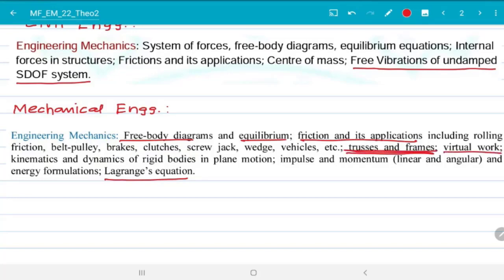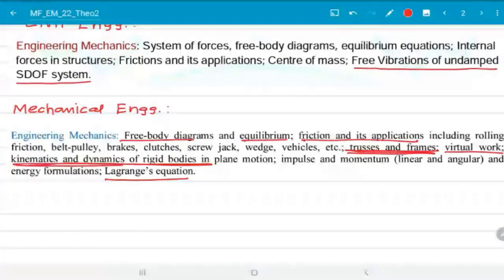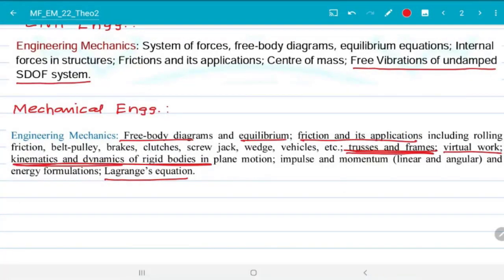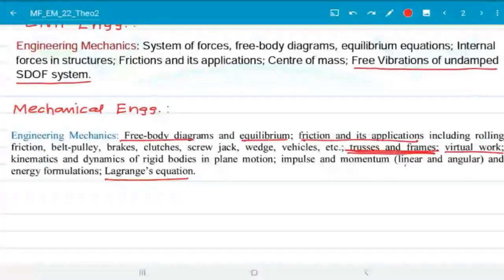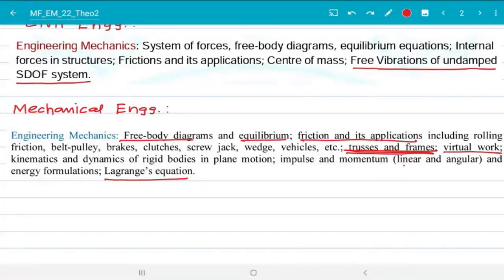Virtual work. Then kinematics and dynamics. Then impulse and momentum, it also comes under the dynamics part, both linear and angular. Previously, we used to study only linear. This time we have to include angular momentum also, impulse and momentum for the angular case also.